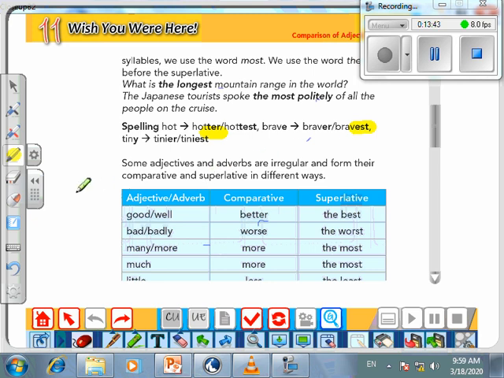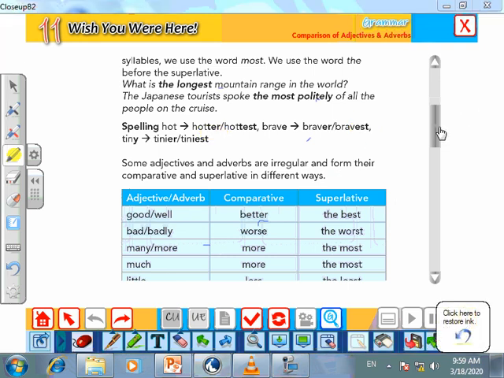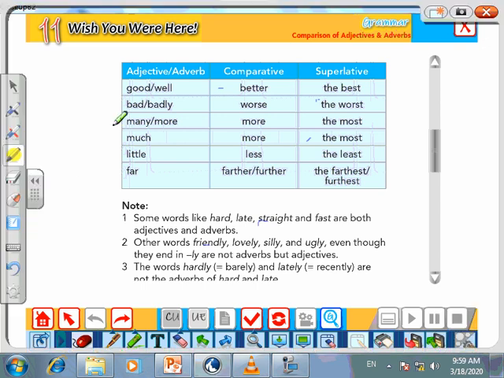But there are some other adjectives which are irregular. What are these irregular adjectives and adverbs? I want you to highlight it with me. We have here good or well becomes, in the comparative, better than, and in the superlative, the best.